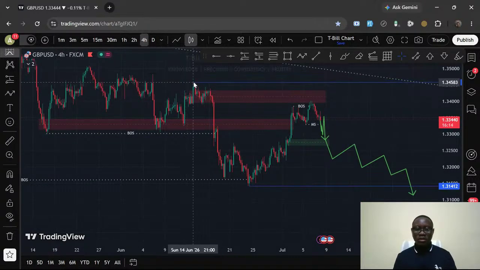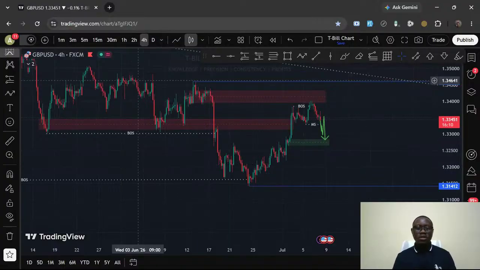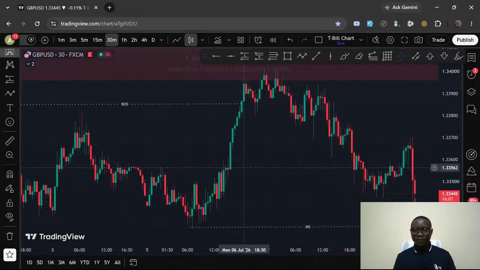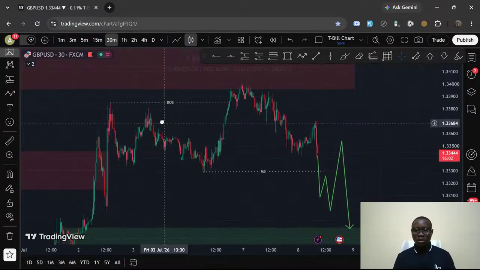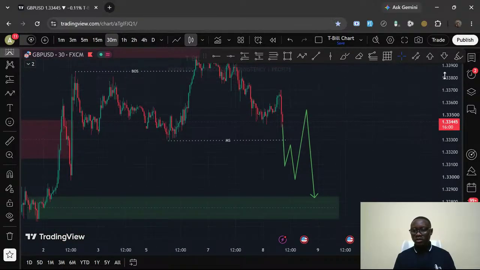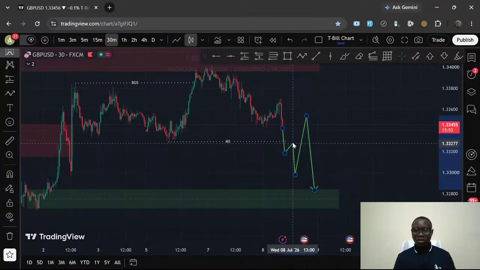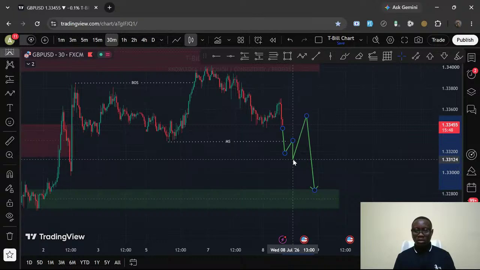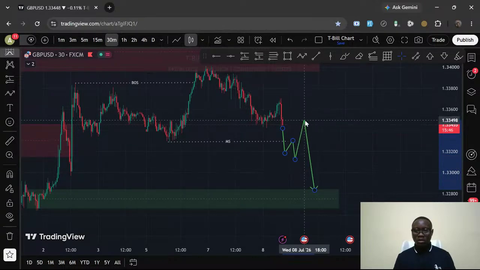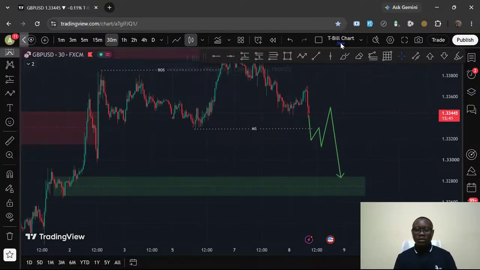All right. So this is what I'm looking at on GBPUSD. Okay. I'll put it right there on the Free Signal Telegram channel. Okay.